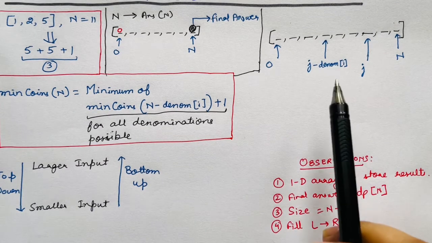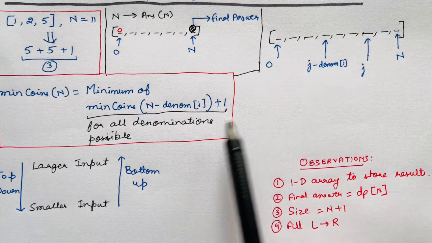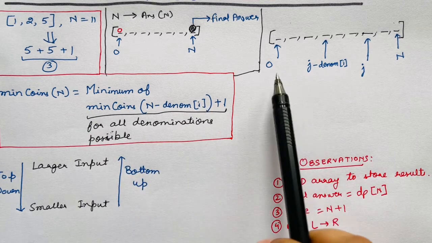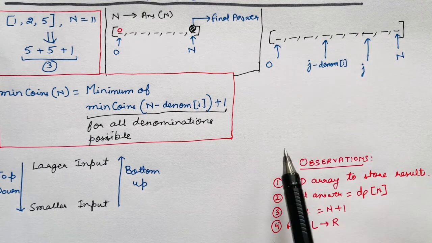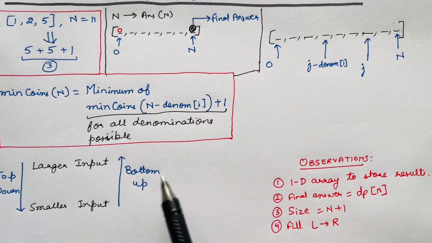Let us say j minus denomination I corresponds to this index. Now we need the answer for this smaller problem. But since we are filling this array left to right, we will have already filled the value at this index. So the value at this index is the answer for the smaller problem.